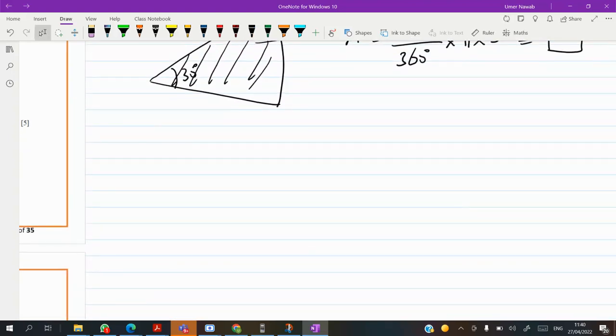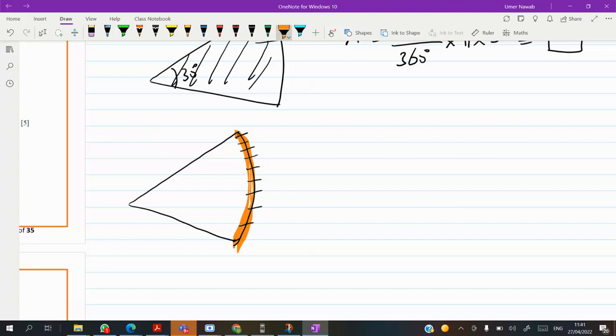The second thing which is important and related to the sector is the arc length, that is, only this length. So if the examiner wants you to find the arc length, the idea is the same.